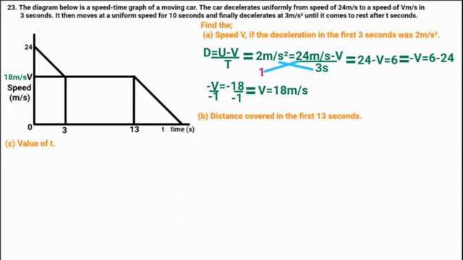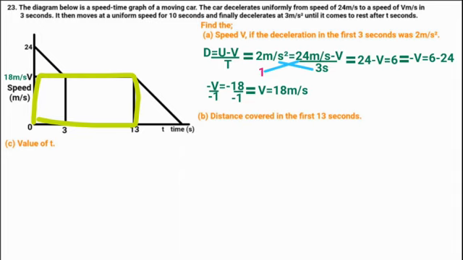I'm going to divide this entire shape. We're going to use the formula for the area of a shape to find the distance. I'll find the area of the triangle alone, then later the area of this rectangle. Then I'm going to combine the areas of the two shapes, the triangle and the rectangle.